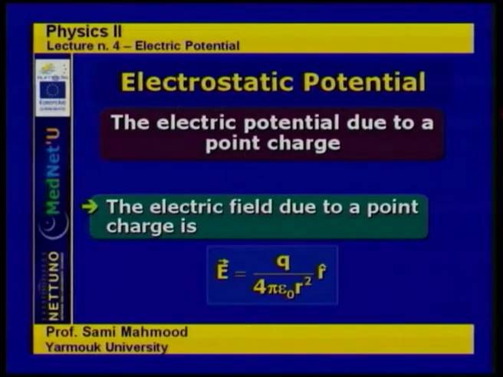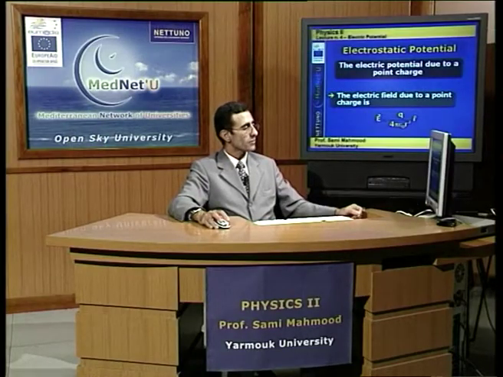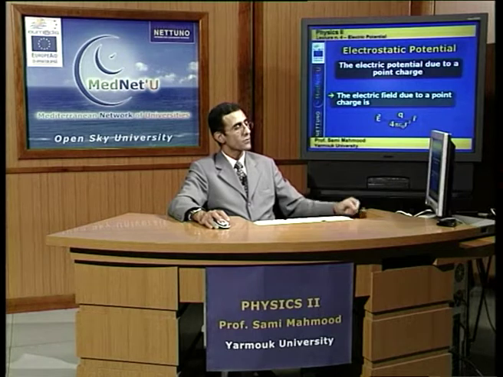So if the point charge Q is positive, that means the electric field is radially outward as expected. And if the point charge Q is negative, then the electric field is going radially toward the point charge, which is consistent with the previous argument of the lines of forces.